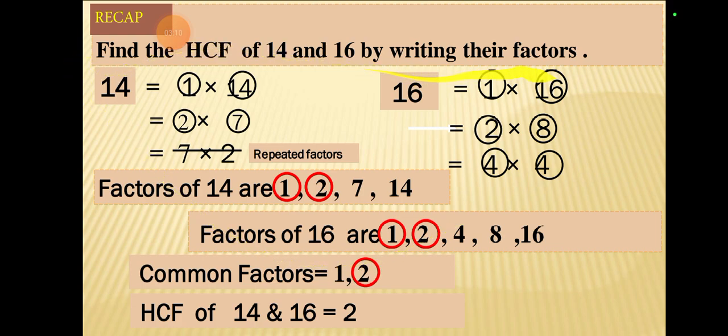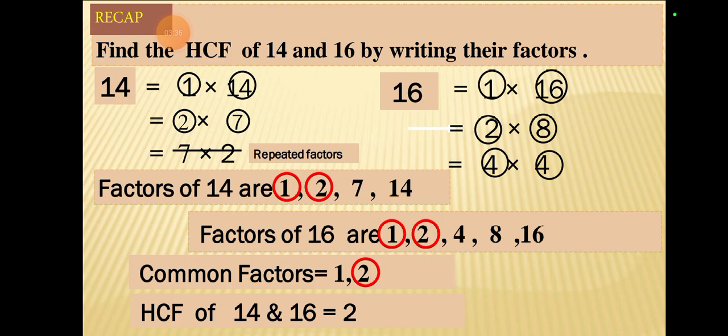Find the HCF of 14 and 16 by writing their factors. The very first step is to write their factors. The first factor is 1. 14 ones are 14, and 2 sevens are 14. In the one table 14 comes, in the two table 14 comes, and in the three, four, five, six tables there is no 14.